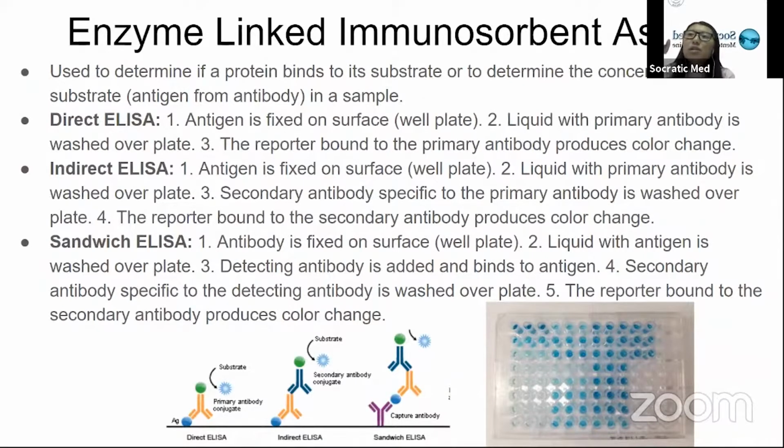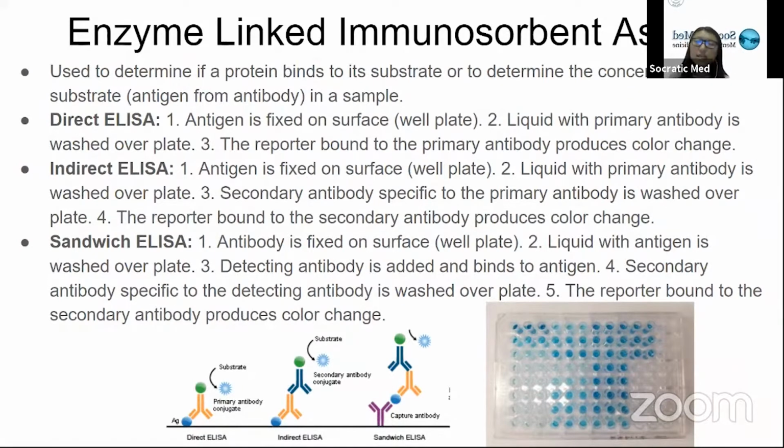And usually for determining the concentration, they use antigens and antibodies for ELISAs in these different samples. There are different types of ELISAs.